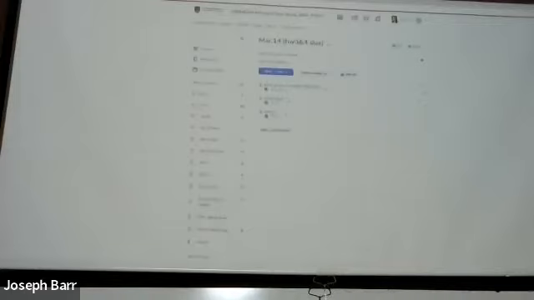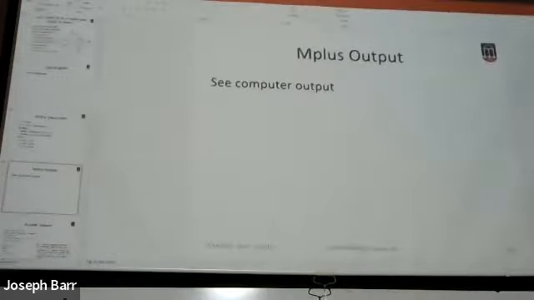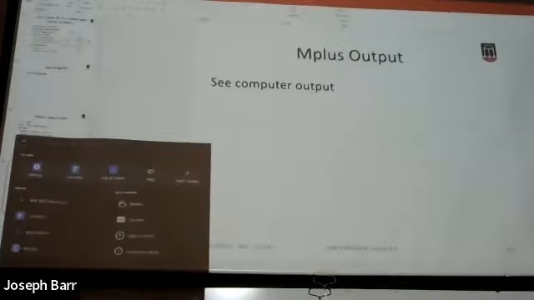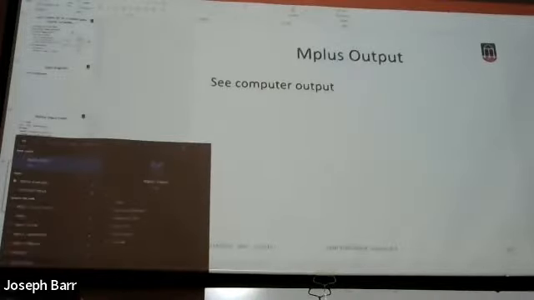Download this data file and the code, and open Mplus and open the file, mimic one. And of course, you have the data file ready. You're going to save the data file in your local folder.